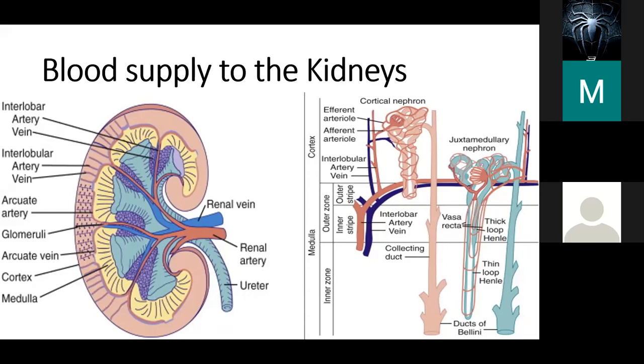Now, if you look at the medulla, you see that the medulla contains the collecting duct. It also contains the loop of Henle. Then the cortex contains the proximal convoluted tubule and then the distal convoluted tubule. So the kidney's functional unit is a nephron.